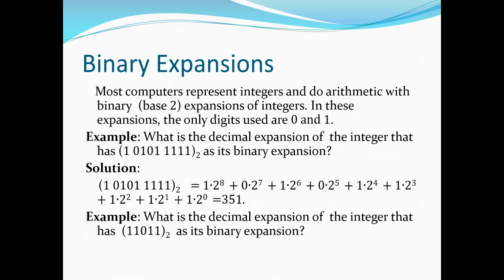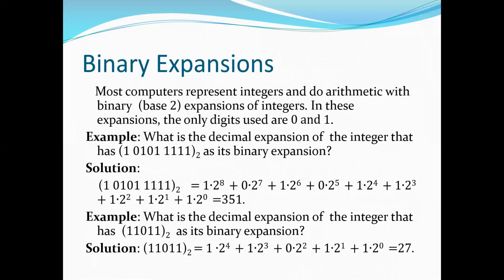So if you want to determine the equivalent of a binary integer or binary number in decimal, we're just going to multiply each digit by its positional value and then add, and that's the equivalent in decimal.